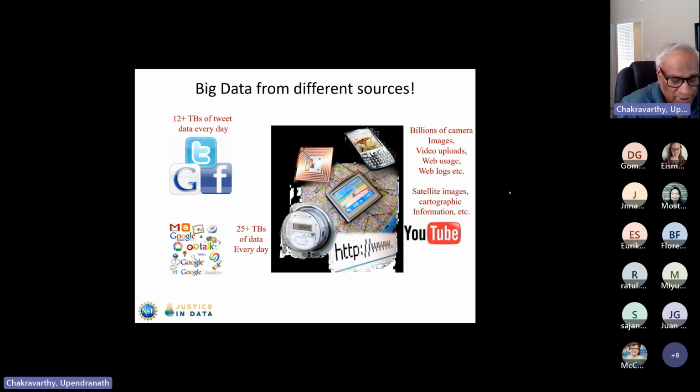Just as an anecdote, NASA collects so much data that they don't store it on disks. Why? Because the size of the data cannot be held on disk. So they have warehouses, not data warehouses, physical warehouses with thousands of tapes on which the data they have collected is stored.